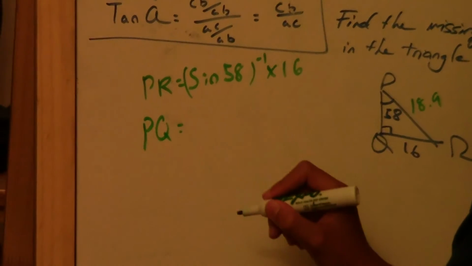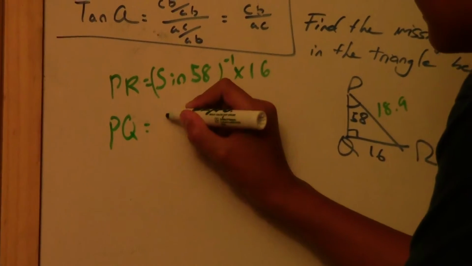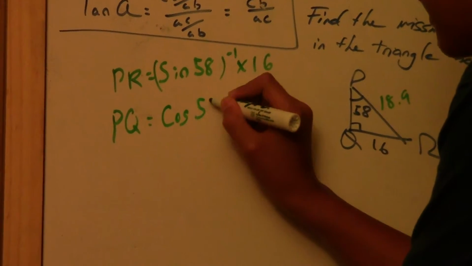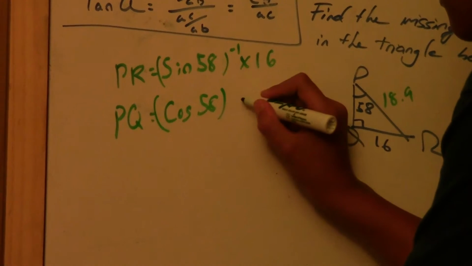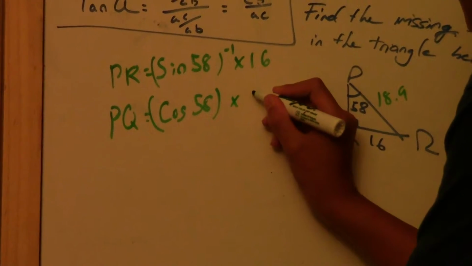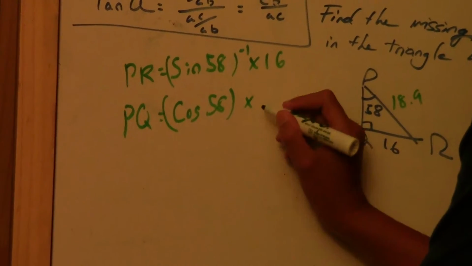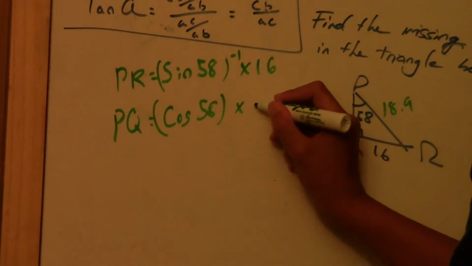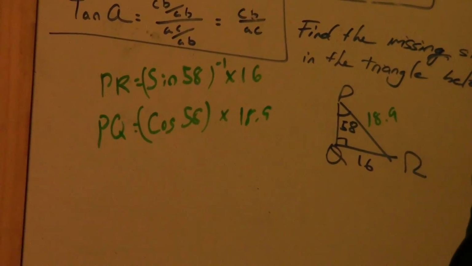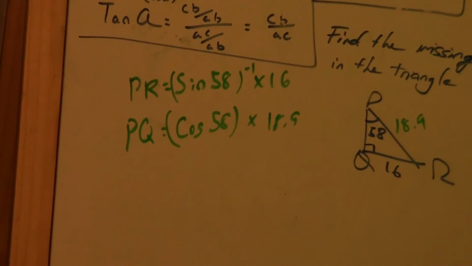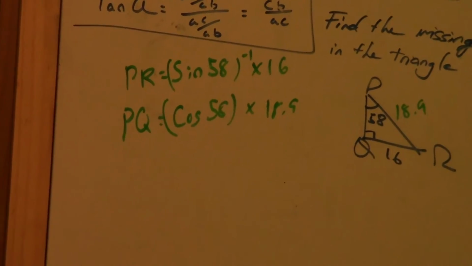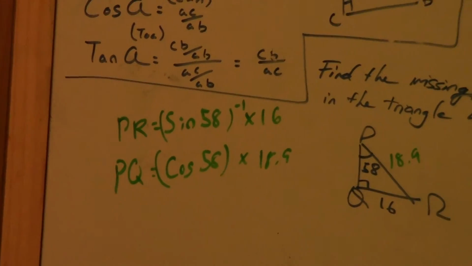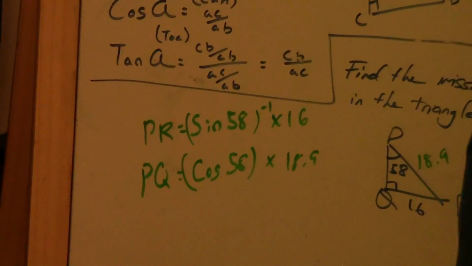Okay. Which is cosinus 58 multiplied by, what's this divided by that? 18.9. Multiply by PR or by what? Oh yeah, PR. Can you write? That's what I wanted you to write, the exact formula without the number directly.